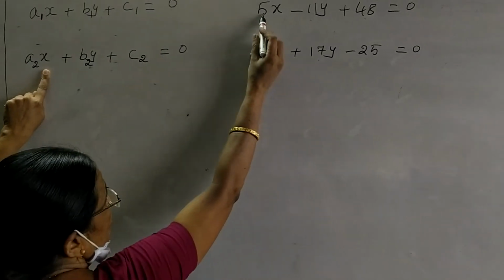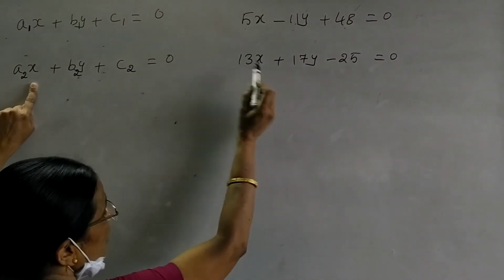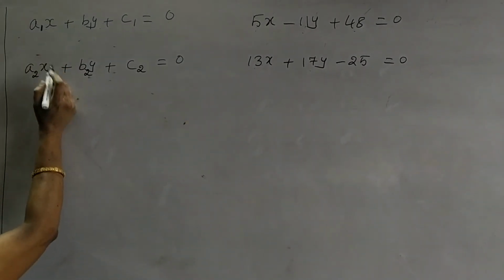So the coefficients may be equal, may not be equal. But the variables should be the same in both the equations. So this is a pair of linear equations in two variables.